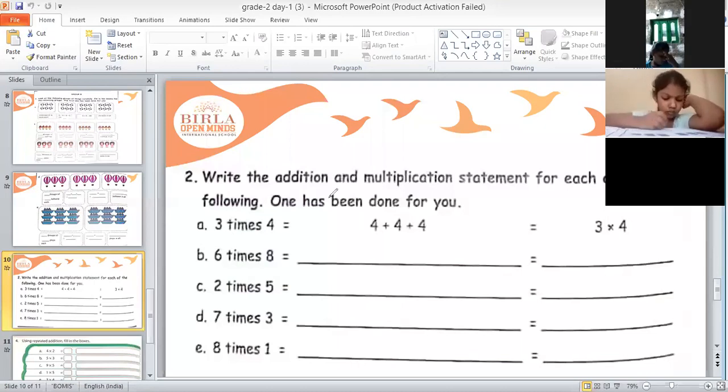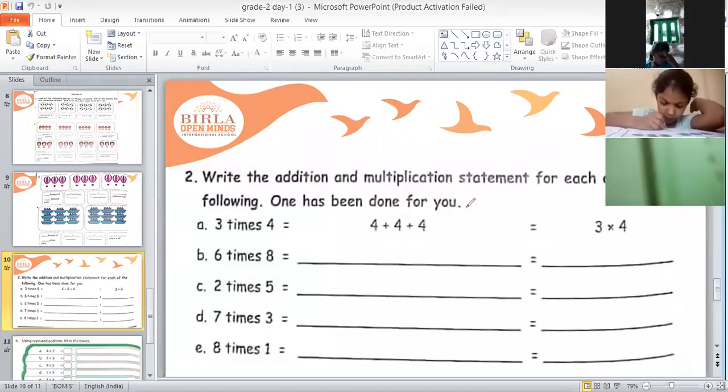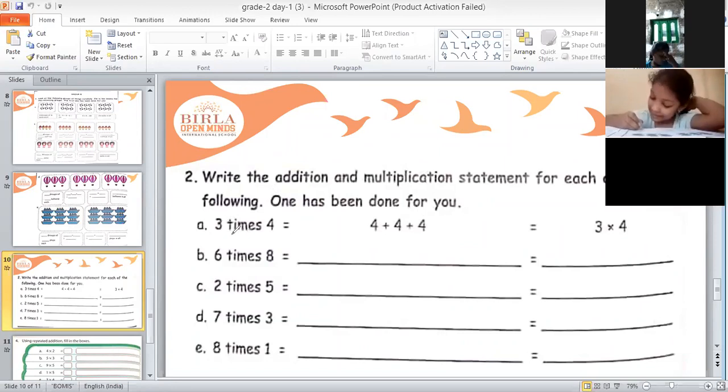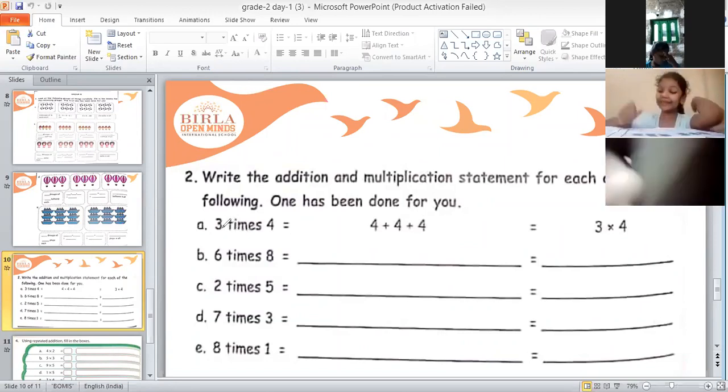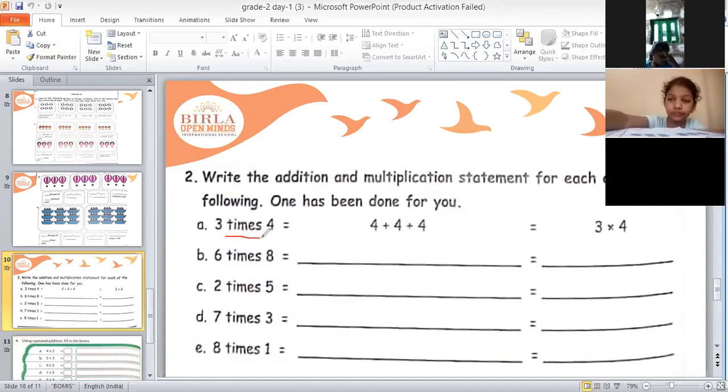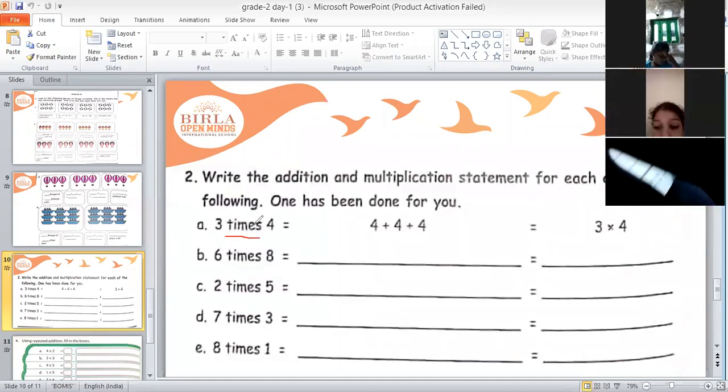You have to write the addition and multiplication statement for each of the following. How will you write, see here. This is 3. Look at the first bit carefully. This is 3 times 4. So times means multiply.